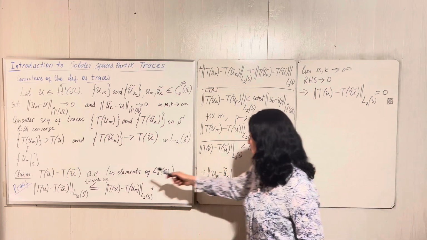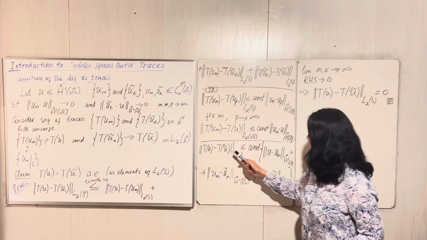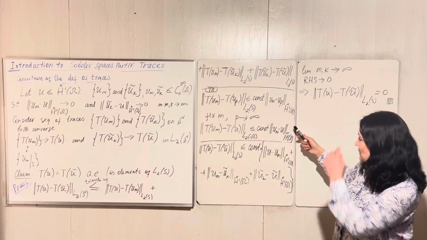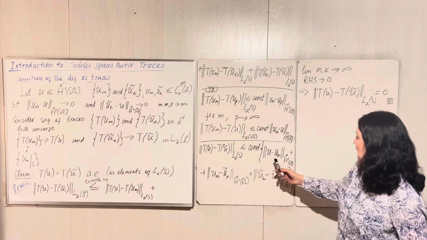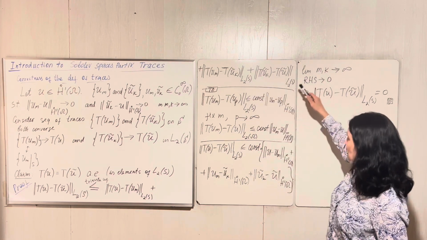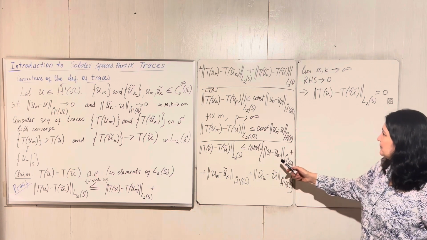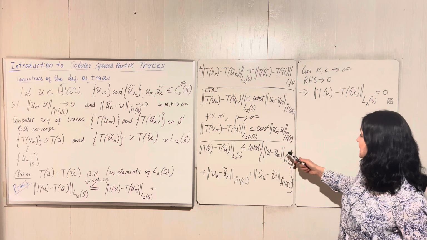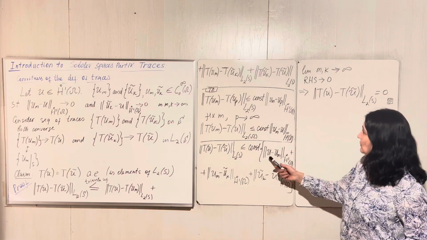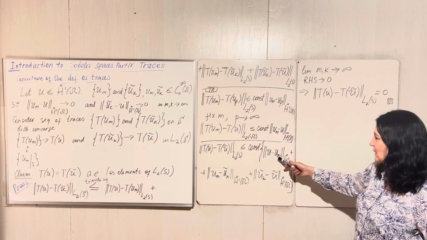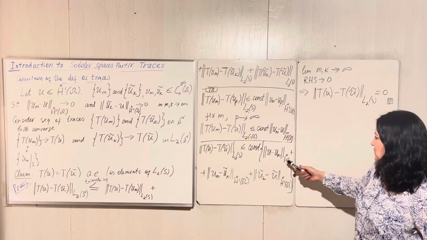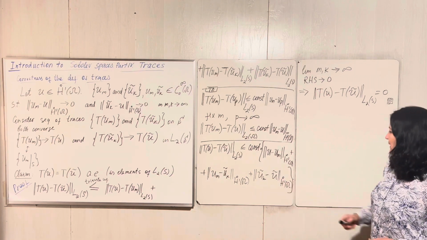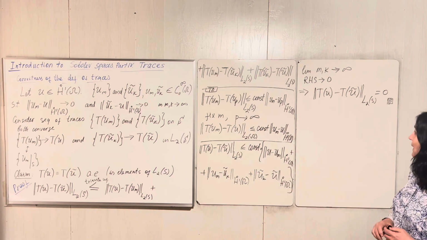So here I just copied the left-hand side, and then using this inequality, we can say that each L2 norm in the right-hand side we can estimate by the H1,0 norm. So we will have again u minus um in H1,0 norm, um minus uk tilde in H1,0 norm, and the last one.